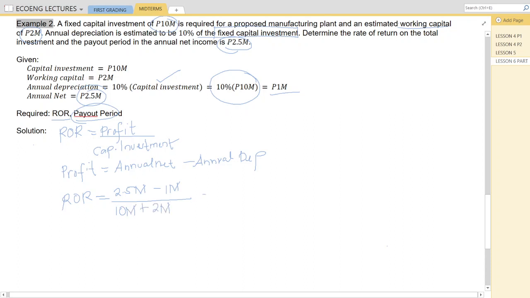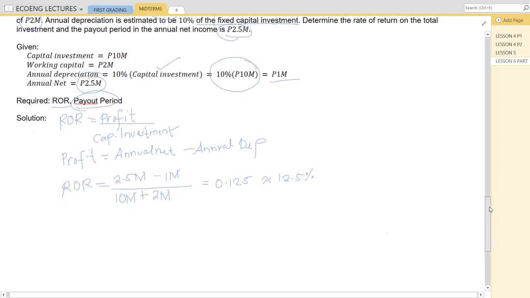That is computed to be 0.125, or 12.5%. So that is an attractive investment again, since there is an increase in the investment. So that is the ROR.